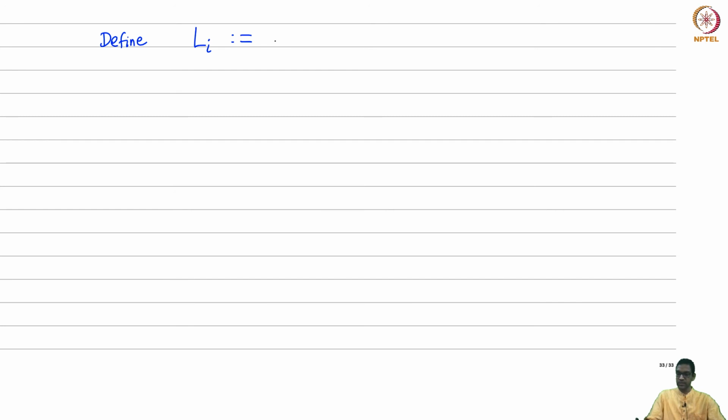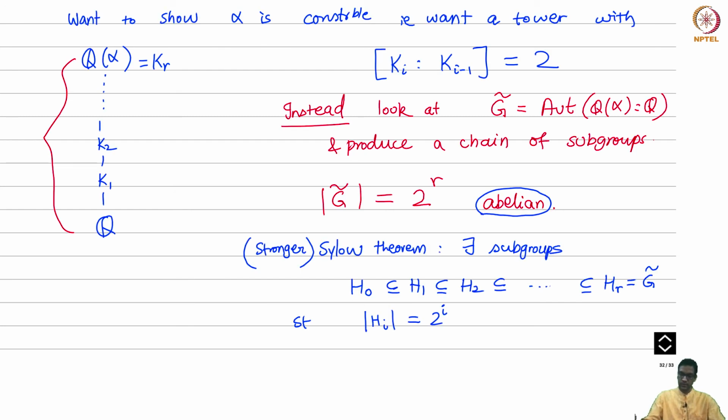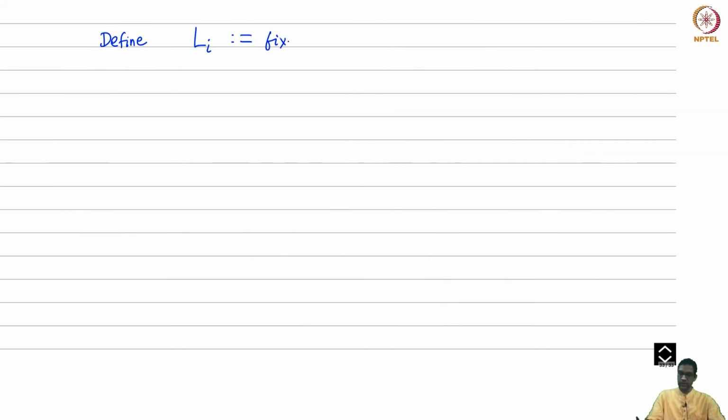So this is the top field here, so maybe that's Q of alpha. So I just take L sub i to be the fixed field of H sub i, by which I mean I have to take Q of alpha, the top field, and then look at the elements which are fixed by Hi.